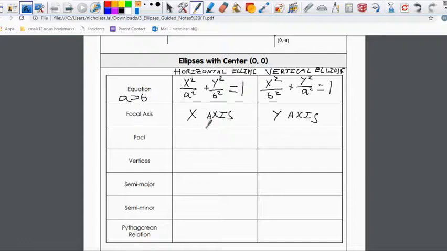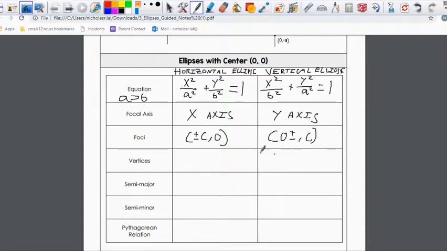The foci will be at plus or minus c, 0, and here it will be 0, plus or minus c.